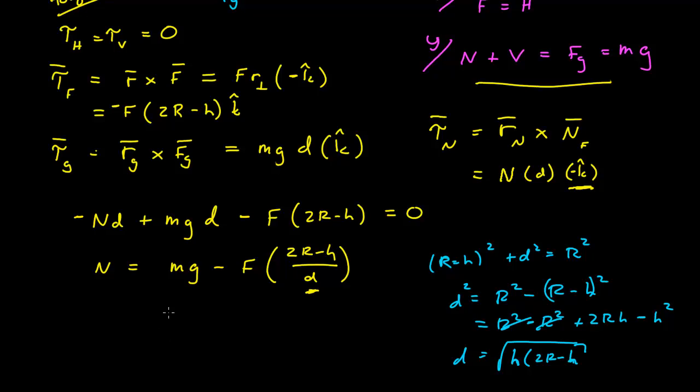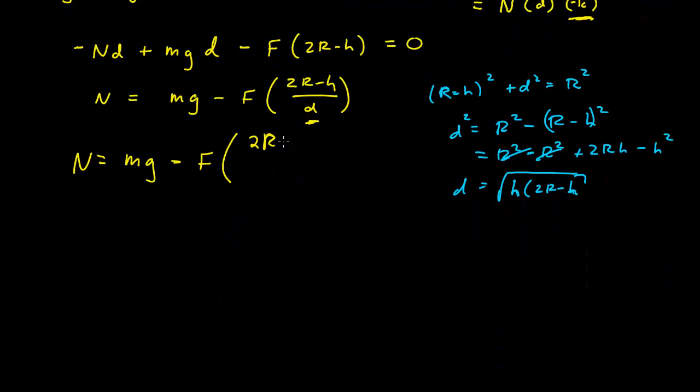Then I substitute that into here, and I get the normal force is equal to mg minus f times this quantity, 2r minus h over the square root of h times the square root of 2r minus h.